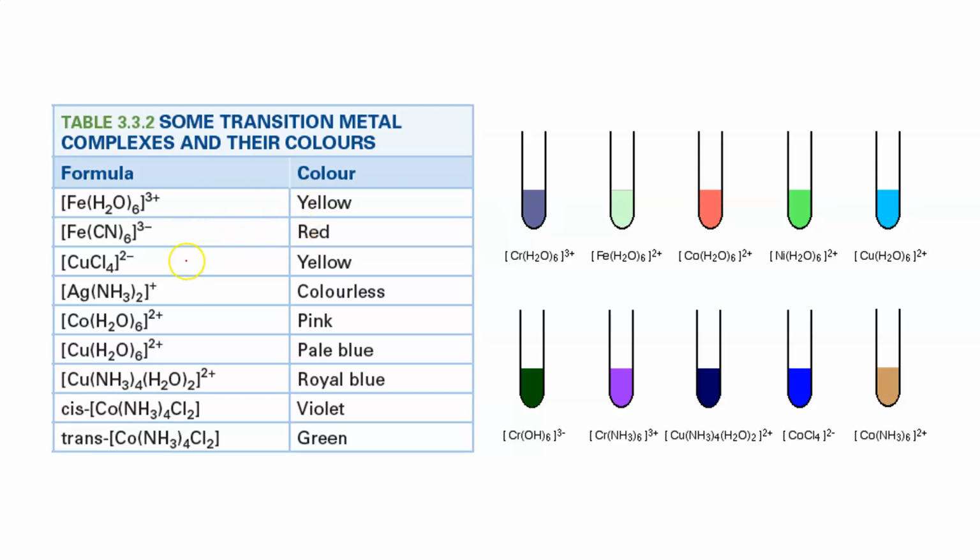For copper, the CuCl4 complex is yellow, and we see other colours such as pale blue and royal blue when we change those to a mixture of water or water and ammonia ligands. Unlike many transition metal complexes, the silver ammonia complex is colourless. Cobalt complexes can be pink, there are even blues, violets and greens, and then there's a whole range of colours that we see with nickel and vanadium complexes as well.